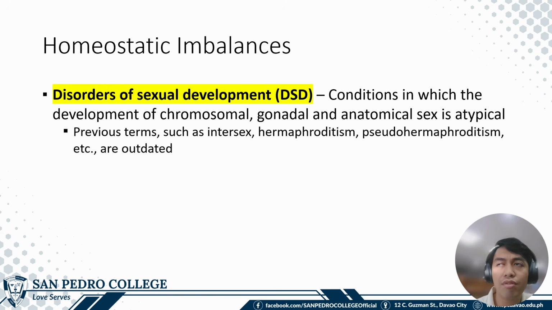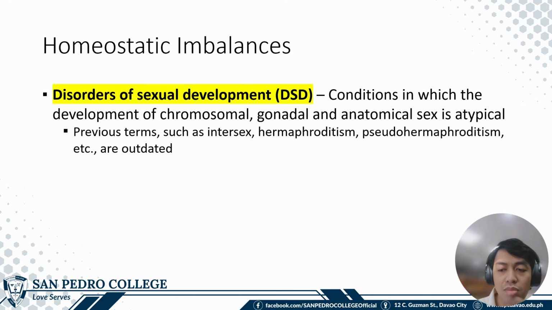Or you may have the XY chromosomes, but your body is unable to detect the testosterone. Hence, the developed external genitalia is that of the female. So, even though the cells of the person are XY chromosome, the external genitalia is that of a female.